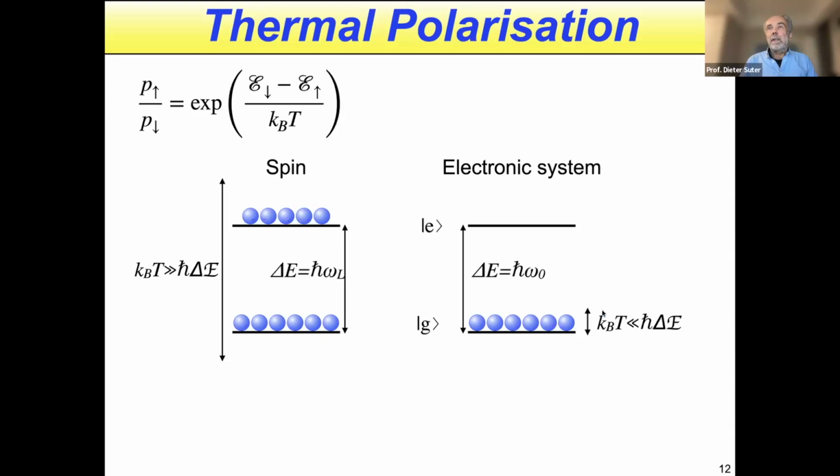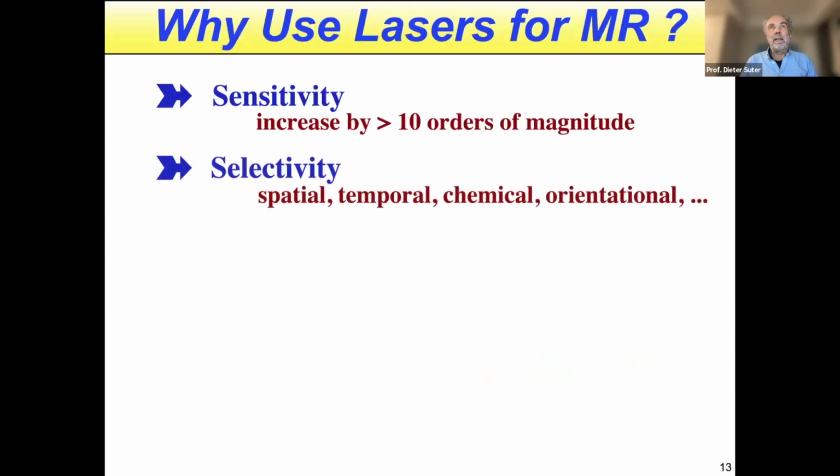So in optical systems, you have all the population in the ground state, you have a high polarization, and what we try to do in the following slides is to transfer this polarization from the optical system to the spin system. That's a process called optical pumping. So this was about sensitivity, how to improve the polarization and increase the sensitivity.